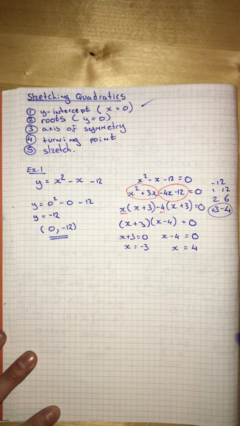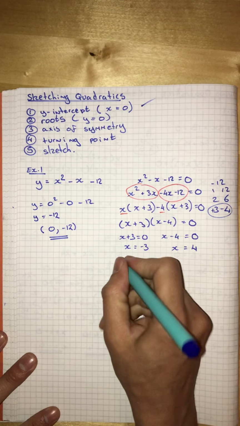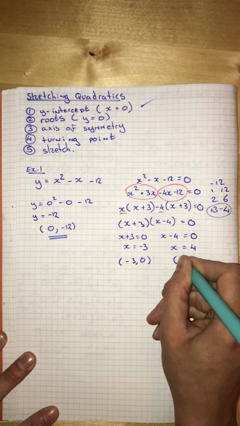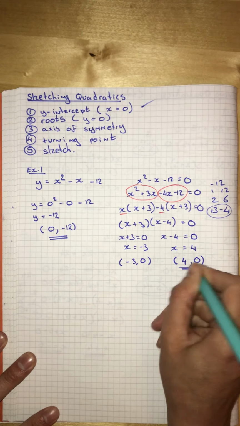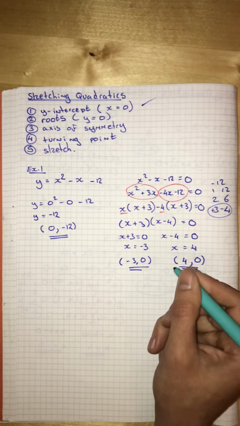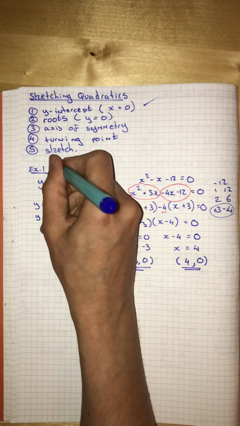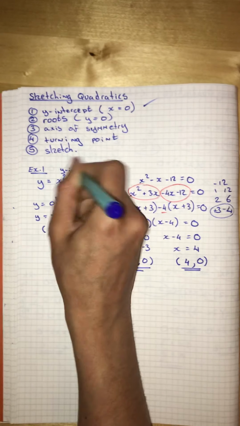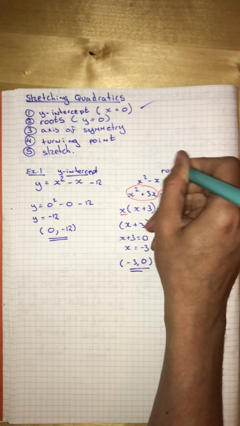Okay, which means that our roots are going to be at negative 3, 0 and 4, 0. So that's our coordinates of our roots. So that's the y-intercept, and these are the roots.